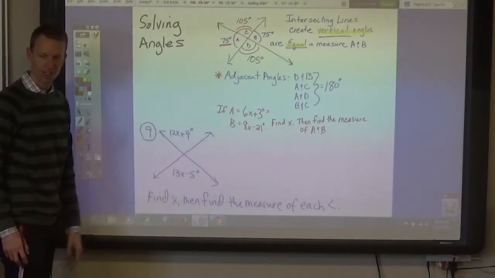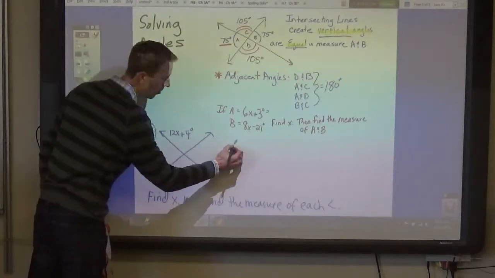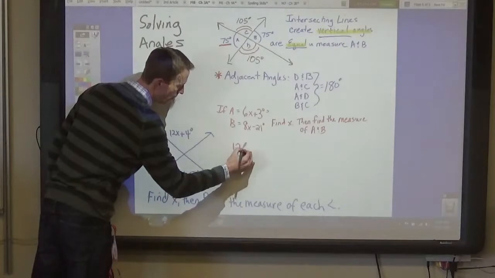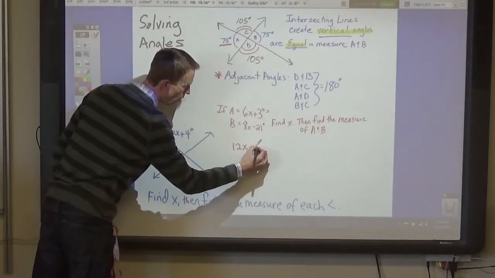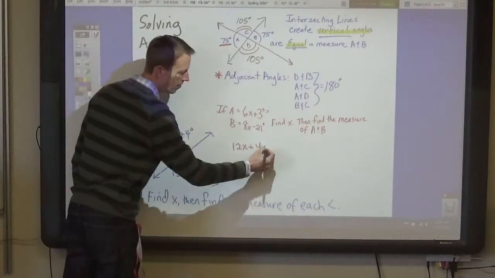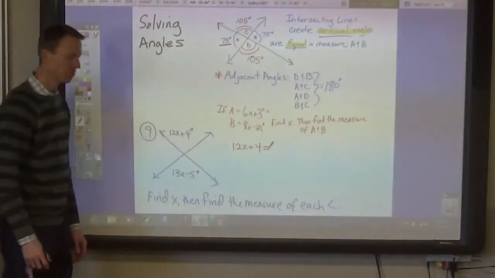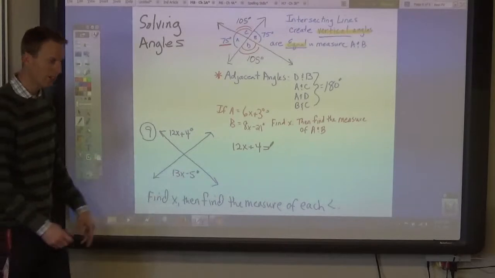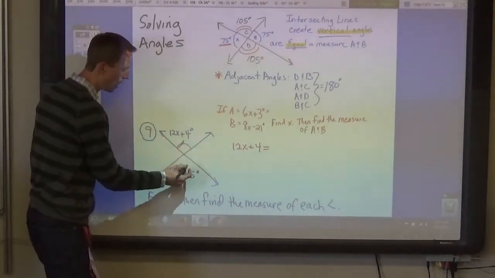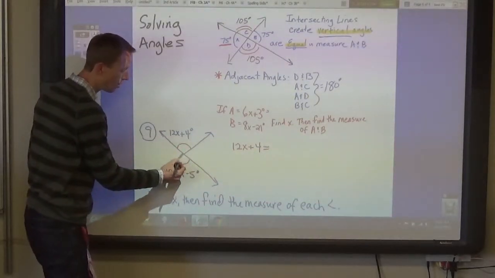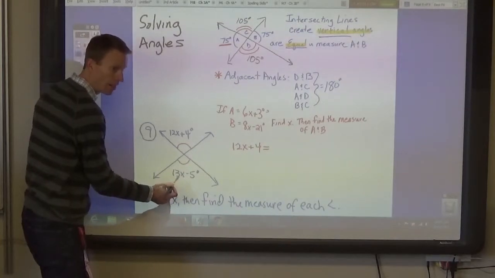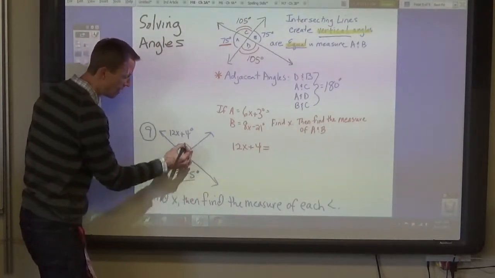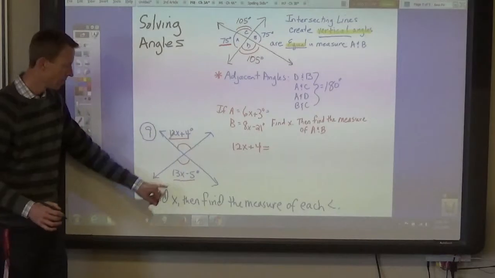Okay? So, write it down. 12x plus 4 is equal to what? The other vertical angle. No, it's not equal to 180. It's equal to this expression, because these two angles are equal.